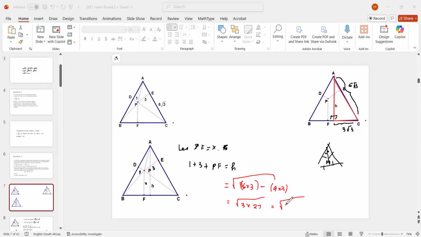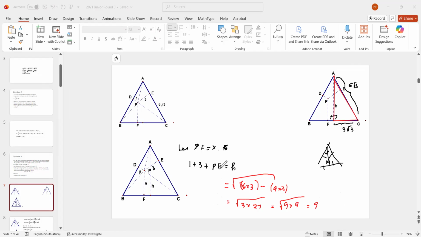Or I prefer taking one of these threes here and put it into that 3 times 3, so I multiply that by 3 and divide by 3, and that's what you get, that the height is 9. So this is the answer to the problem.